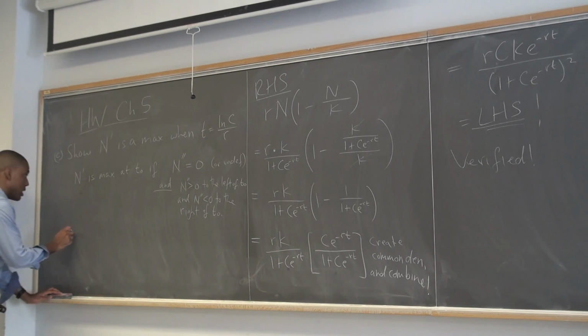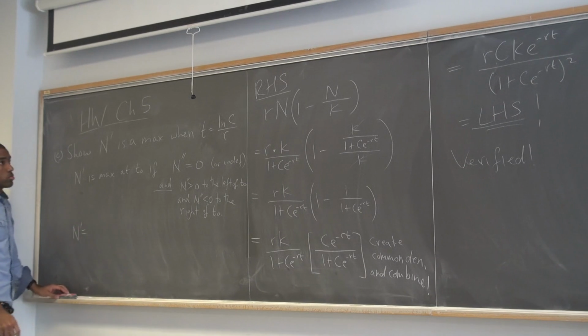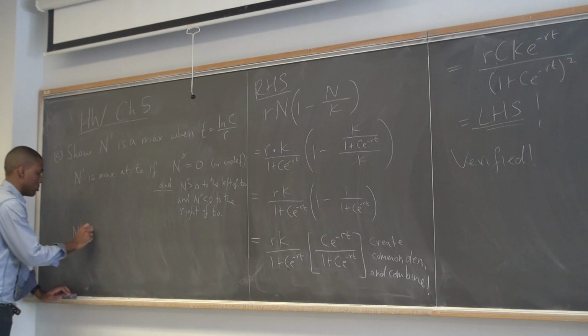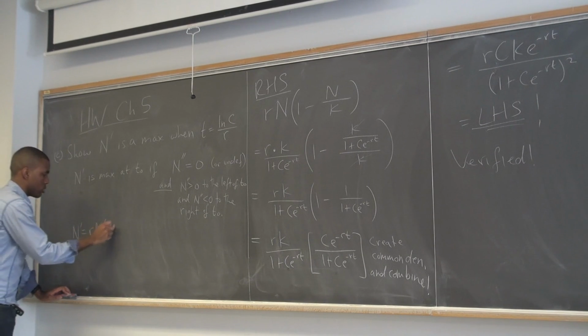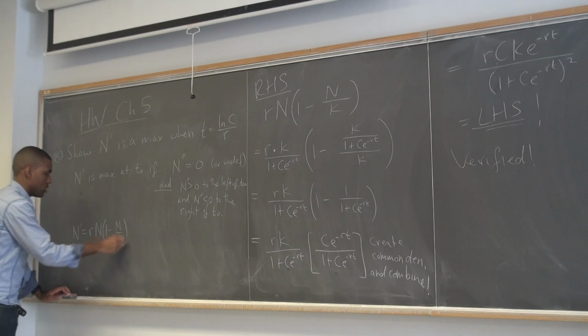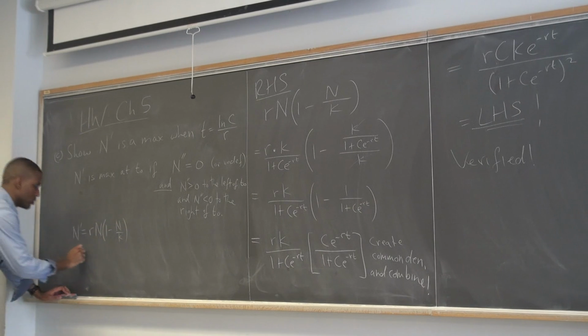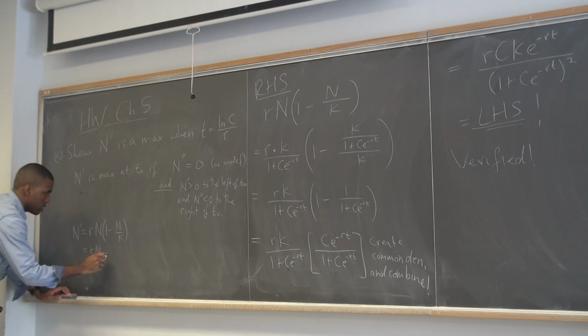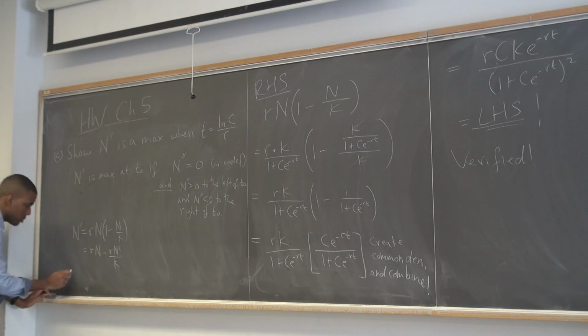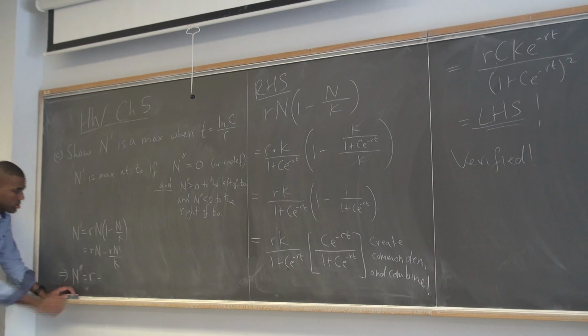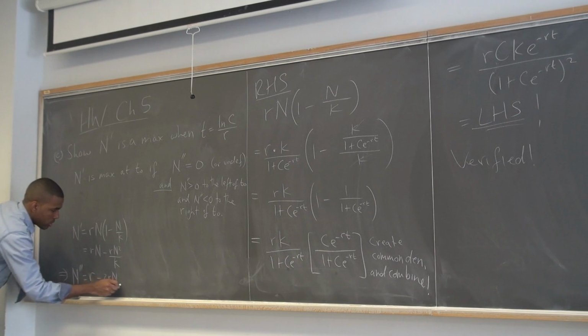So I know that n prime is equal to Rn minus Rn squared over k, which means n double prime is R minus 2Rn over k.